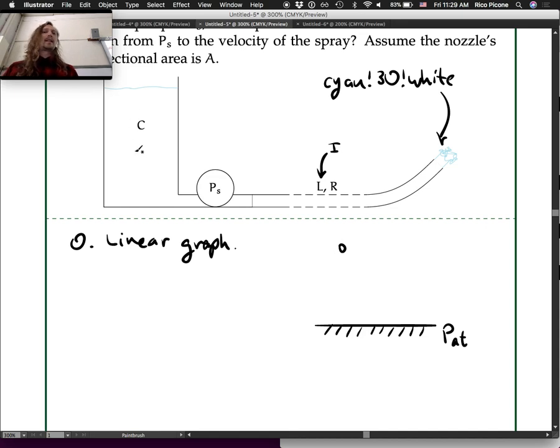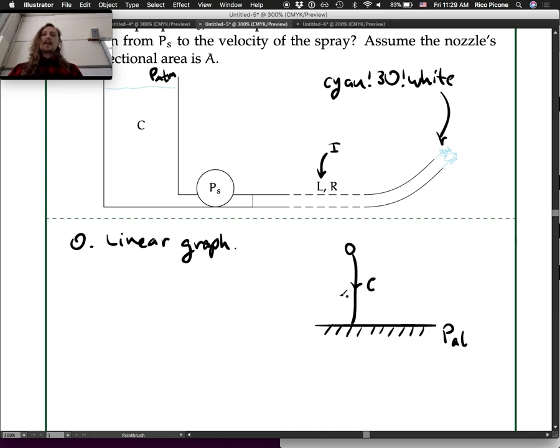And it's got a capacitor associated with it, so we could draw that to ground. And then that capacitance connects to P atmosphere, right? That makes sense, because it's open to the atmosphere. It's not a pressurized vessel, it's just a tank.